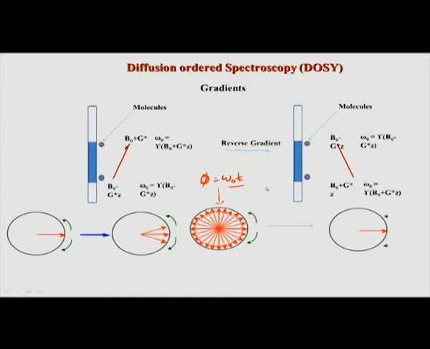So, if something has moved by 50 degrees, it will come back by minus 50 to 0. Similarly, something which has gone by 72 degrees will come back with minus 72 back to 0. So, all of them finally come back to the same position, and now they have come back in phase.